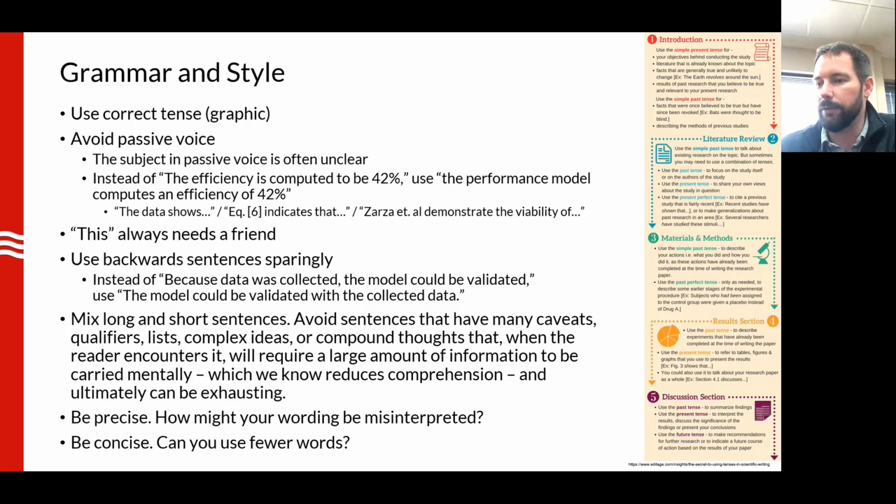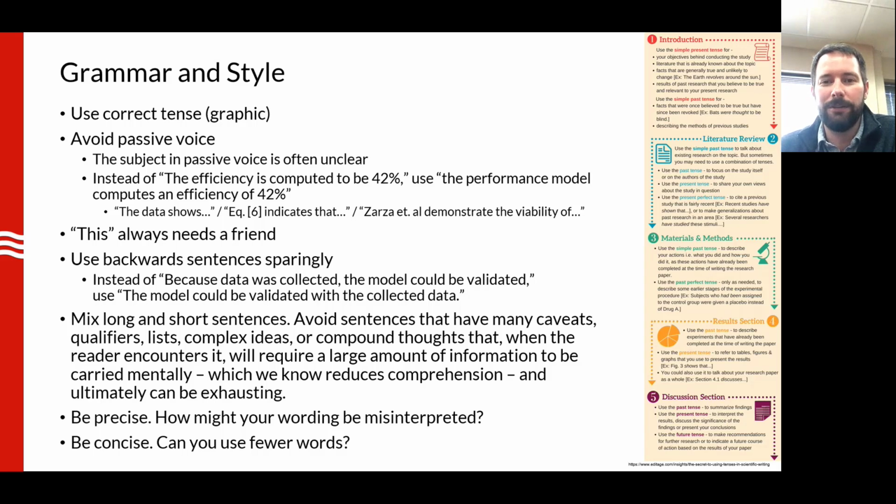Passive voice runs the risk of unclarity. Active voice is often preferred, and you can even do things like say, we found this, right? You don't usually want to say I did. You use it like the royal we, as in the king says, we should get some more food. What he means is you should get more food.